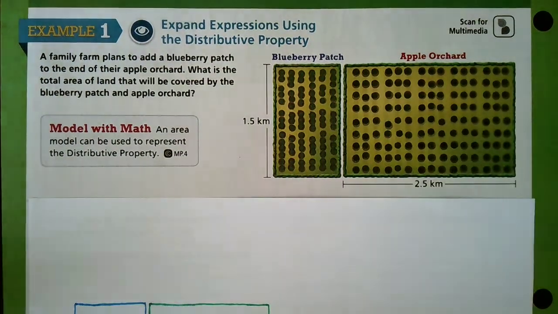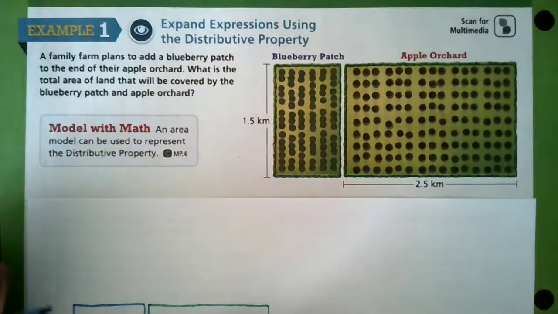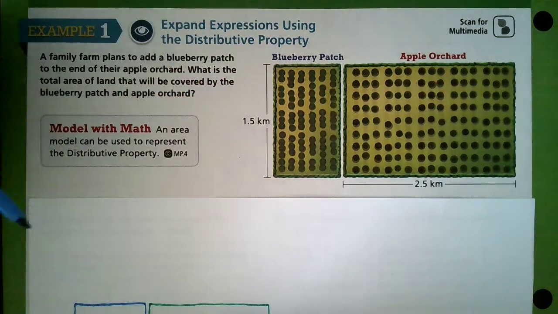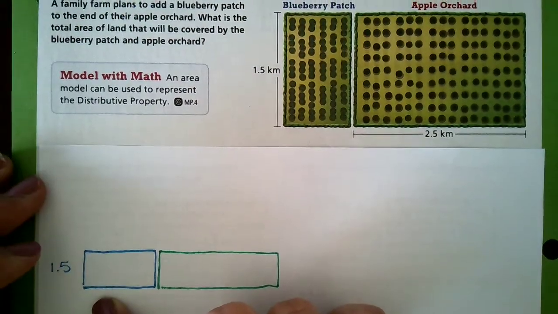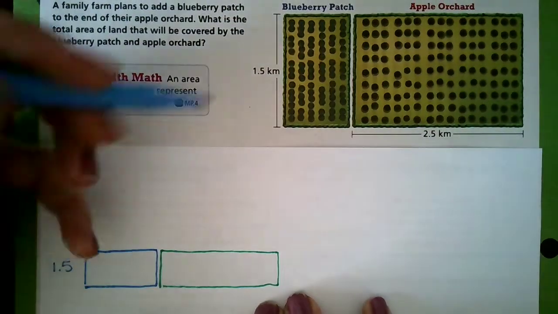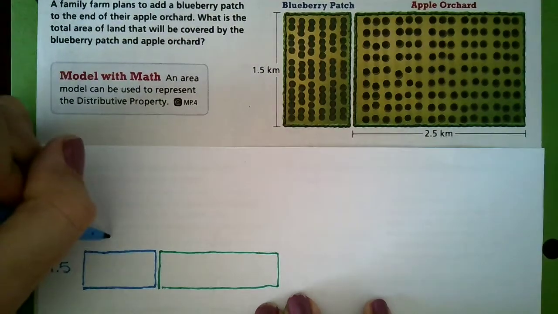So for blueberry patch, we know that this length is 1.5, and this is in kilometers, but I don't really need to put that in my diagram here. Oh, you can't see that. Let me scoot that up. Okay, and then we know, let's see, the width we don't know actually. So I'm going to call that b.